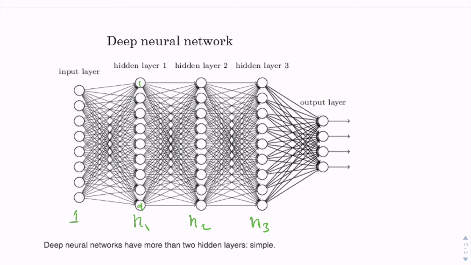Here we have different linear transformations, W1, W2, W3, W4, and nonlinear transformations, and then we have the output. As the number of hidden layers increases, the number of neural network parameters also increases. That means more training is needed, and more data.